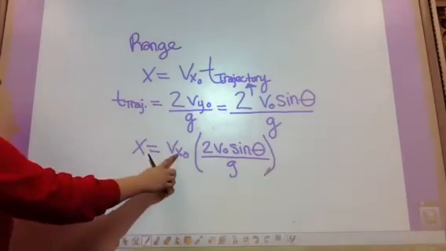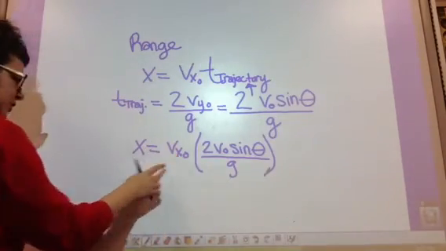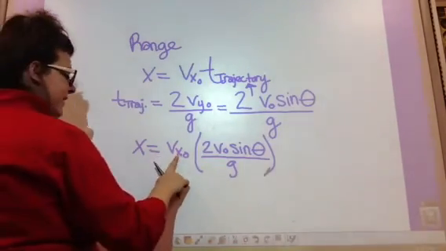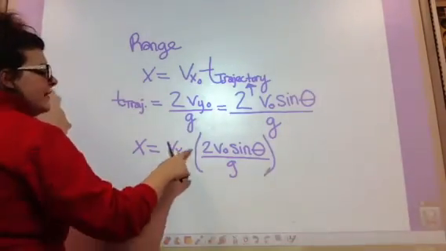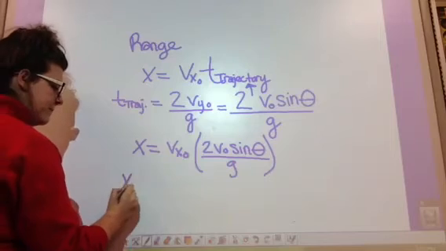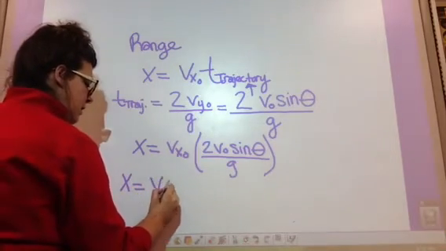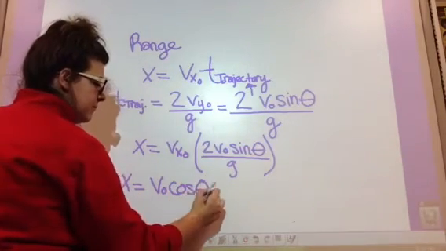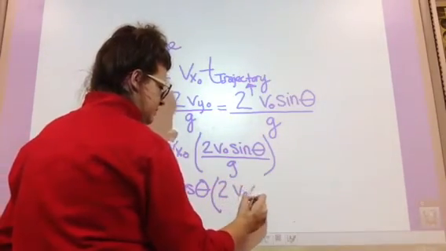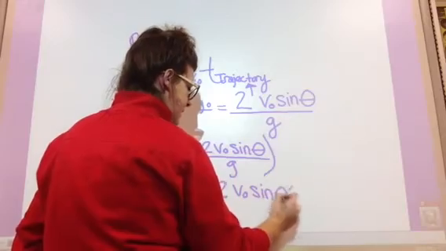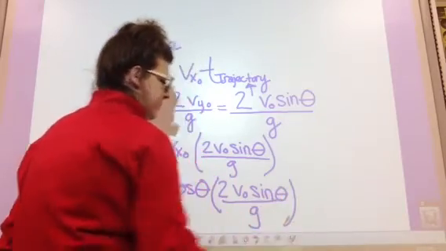I want to express this in terms of just the original vector, that overall resultant vector V0, and also an angle. And we know that the x component would just be V0 times cosine theta. And then I'm going to multiply that by, again, my t trajectory, which is 2 V0 sine theta over g.